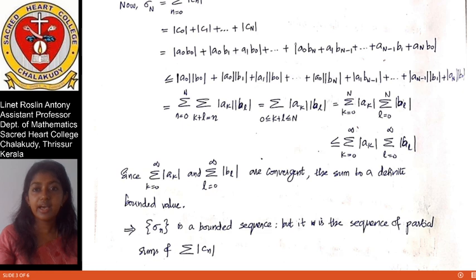So they sum up to a definite bounded value. So indeed here we have a definite bound. That means this sigma N is bounded by something, so it is a bounded sequence. So what we got here is that the sequence of partial sums of summation modulus of Cn is bounded.